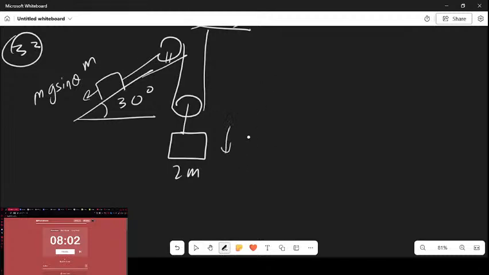This is going to move with an acceleration a by 2, and this is going to move with an acceleration a. The best way to solve is with the unbalanced force.